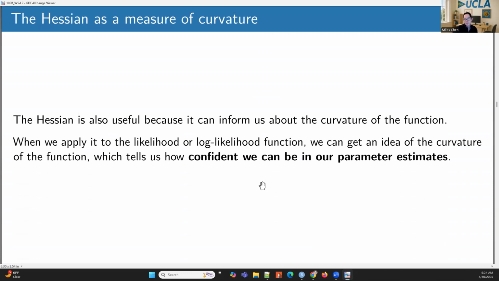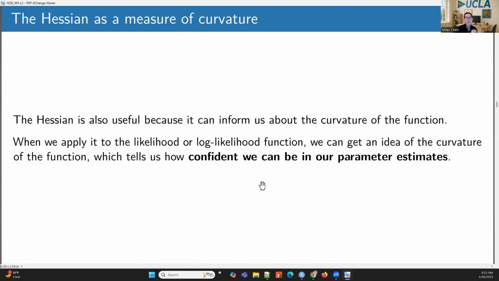Okay, so we could think of the Hessian matrix as something that informs us about the curvature of the function, because the second derivative tells us how rapidly the slope changes, and the Hessian matrix, which is our multivariate equivalent of the second derivative, will tell us about the curvature.